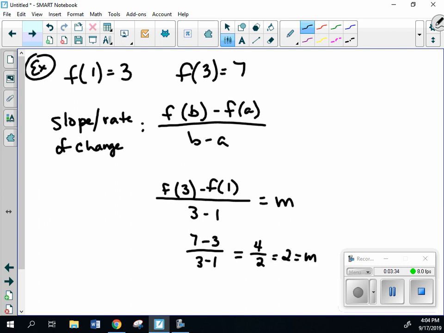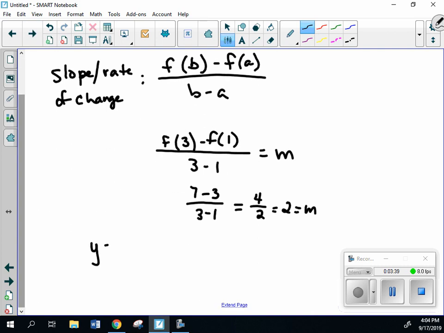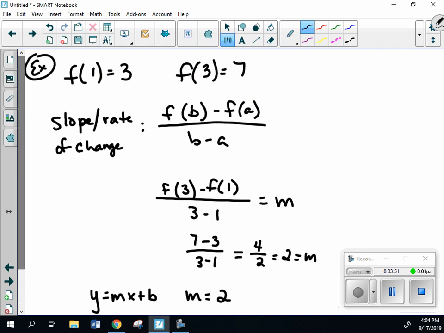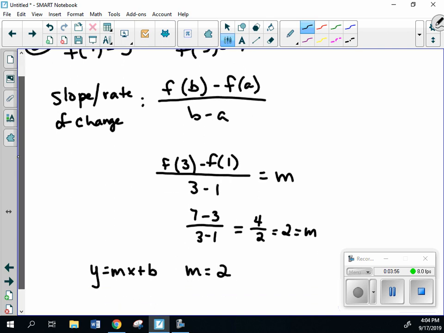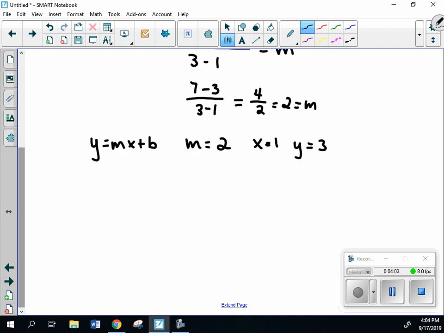Now, I am supposed to write that equation in y equals mx plus b. Well, I have the m. We know it's 2. I have an x and I have a y technically. You can either choose to go with that first coordinate, or you can go with the second coordinate. I'm just going to go with the first one. So my x in that case is 1, and my y is 3. And then I'm going to plug in this information in order to find my b value.